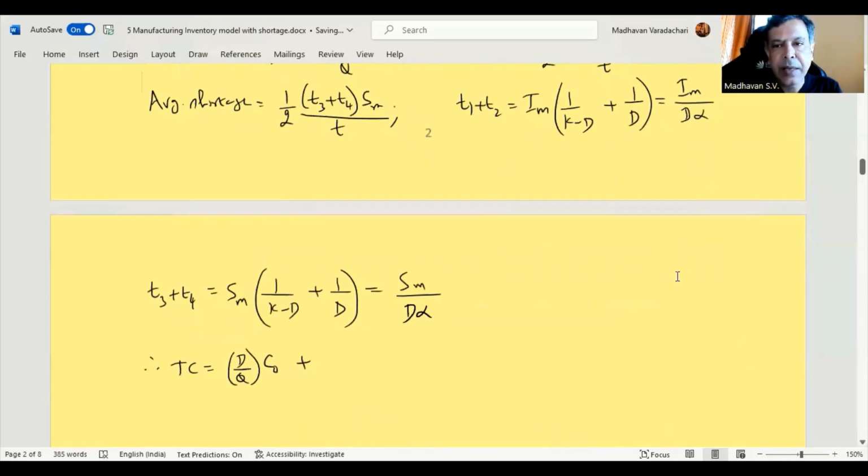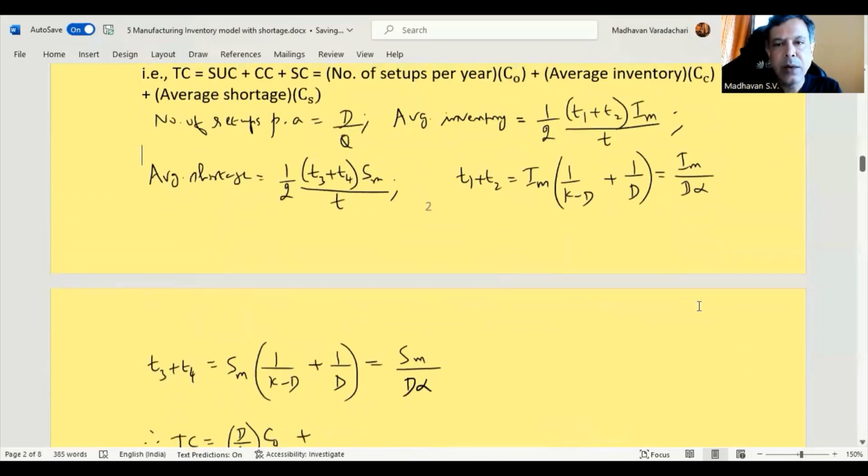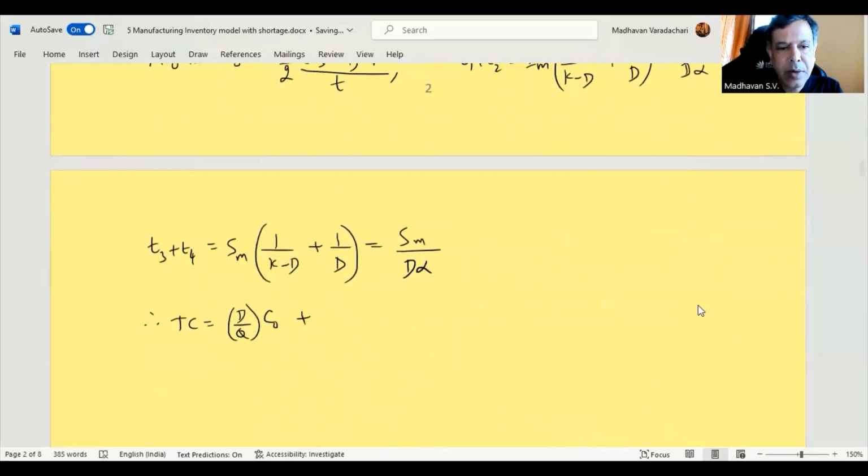Average inventory is T1 plus T2 times IM divided by 2T, times Cc, plus average shortage.